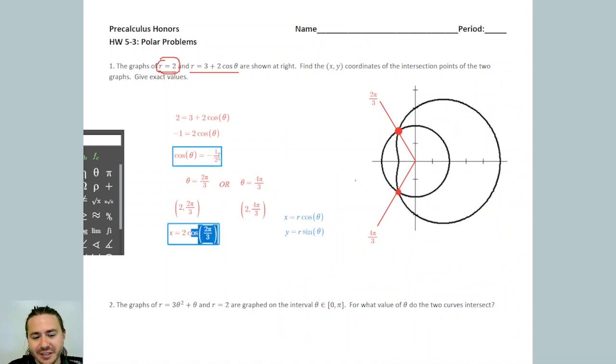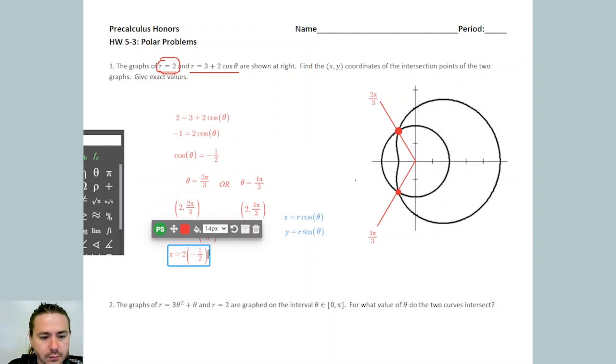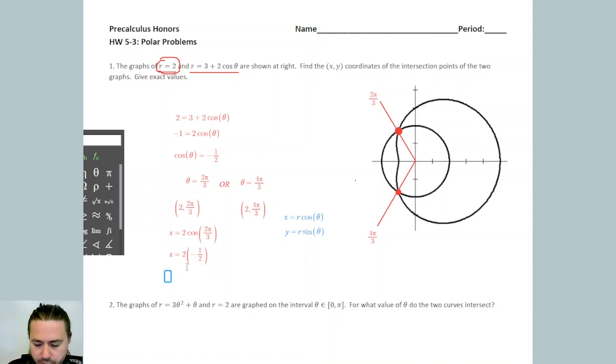We're trying to find where these are negative 1/2. So we know what that value should be. So that'll be the x for the first one, and 2 times negative 1/2 is negative 1.